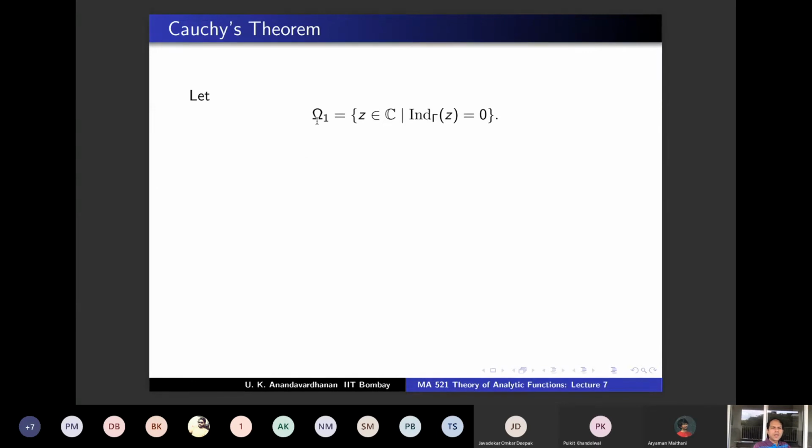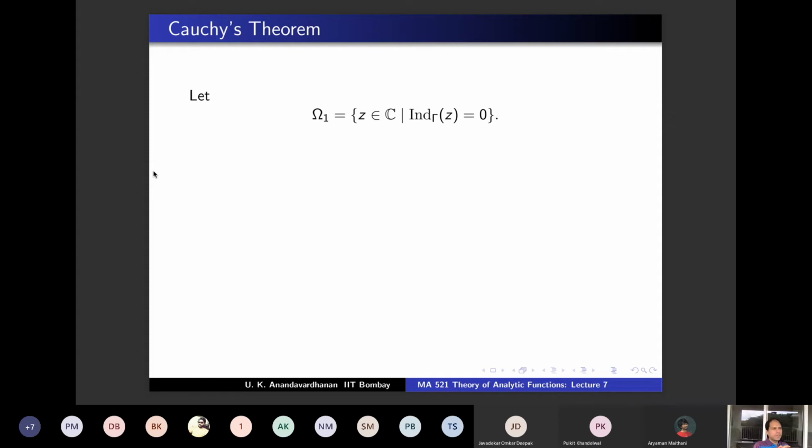So for that, I'm going to define a new set omega 1, which is all those points in C whose index with respect to gamma is 0. You have a cycle gamma given, and you choose all those points z such that the index of z with respect to gamma is 0.